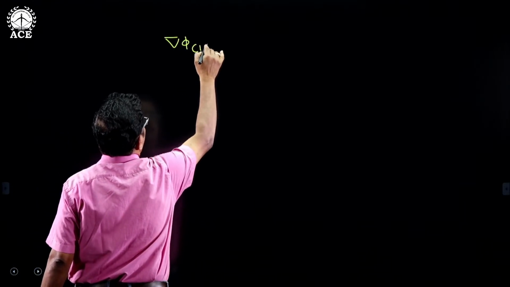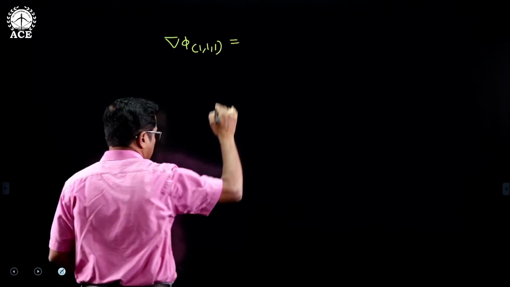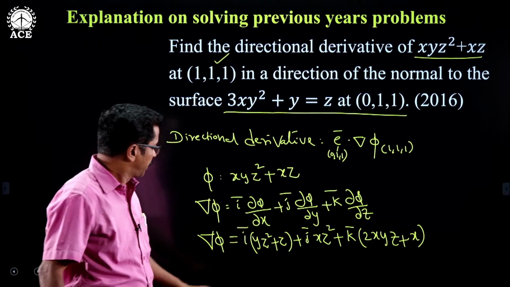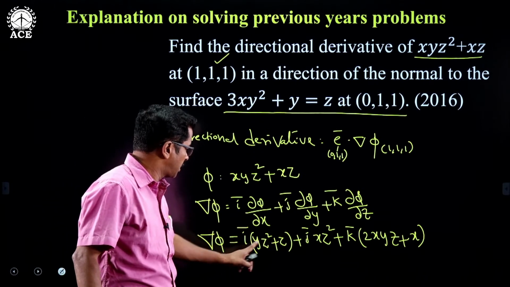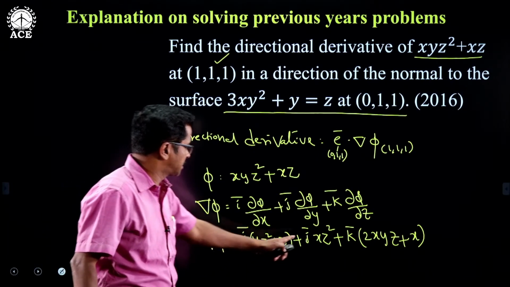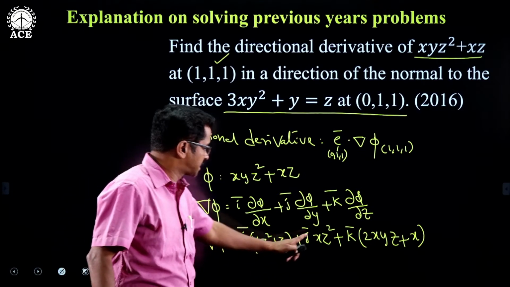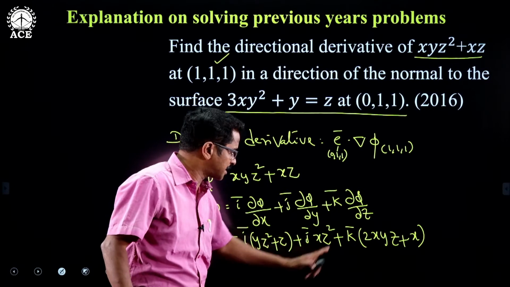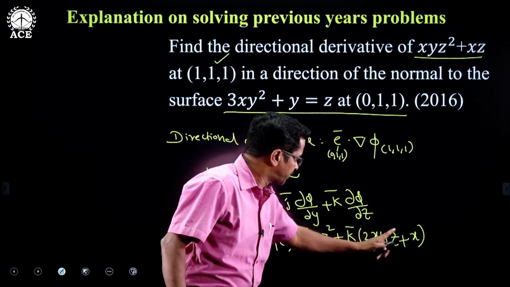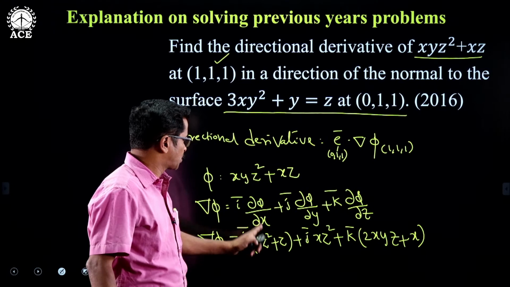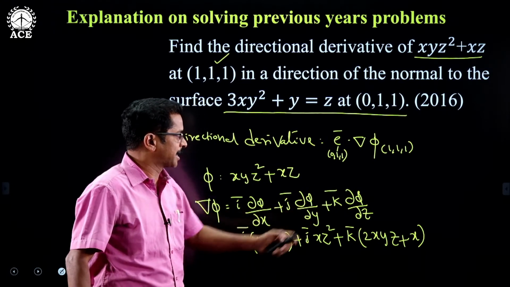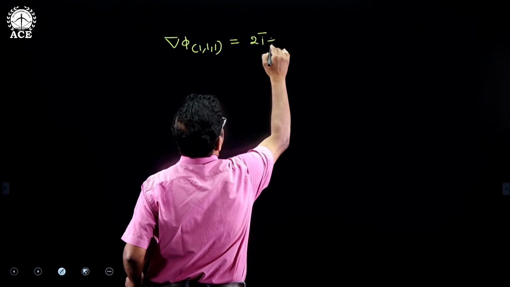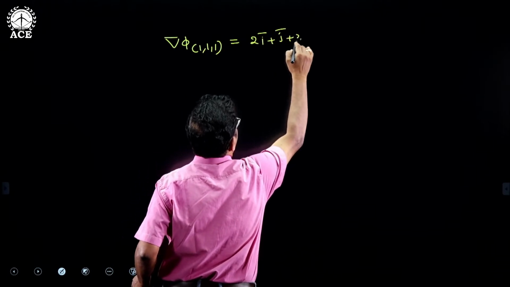Okay. So del phi at 1, 1, 1: if I keep x equal to 1, y equal to 1 and z equal to 1, it is going to be 2 i bar plus j bar, because x is 1, z is 1, whose product is 1, and 1 into j bar is j bar only, plus 2 plus 1, 3 k bar. So 2 i bar plus j bar plus 3 k bar.